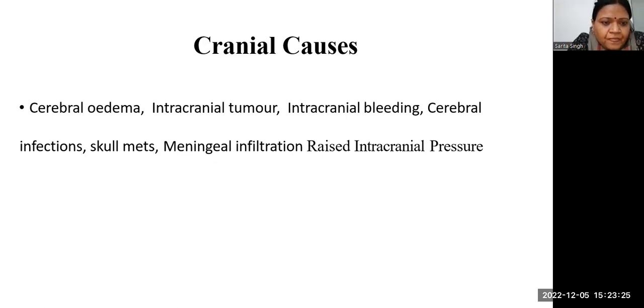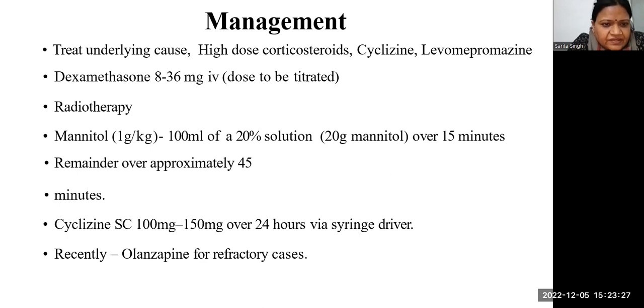Next. The treatment of choice is dexamethasone. We use dexamethasone in high doses. And if ICP is raised due to radiotherapy, we use mannitol, etc. The most common is steroids in raised ICP.